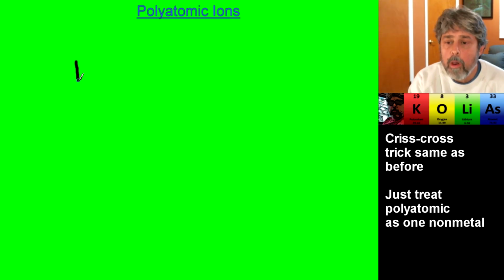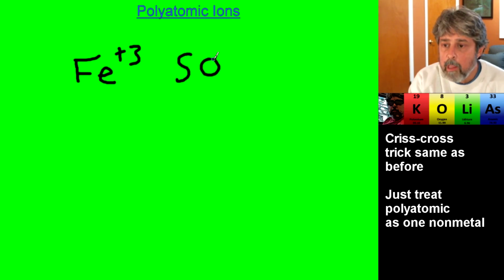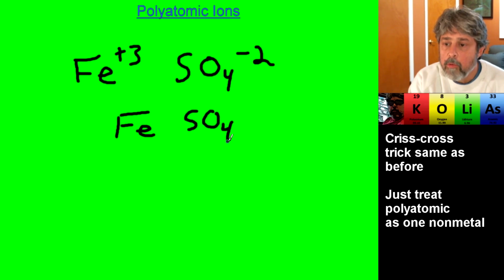All right, here's one using a transition metal. Let's say we had an iron that has a +3 charge, and let's use a sulfate again. I like sulfate. -2. We'll put them together, put the iron here, put the sulfate next to it, and let's crisscross.